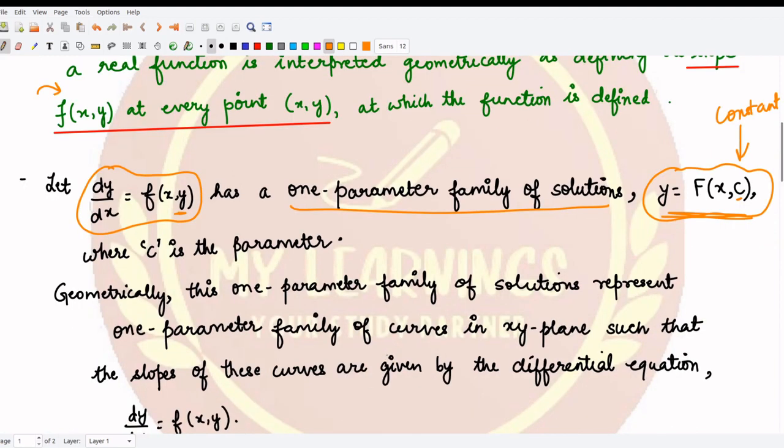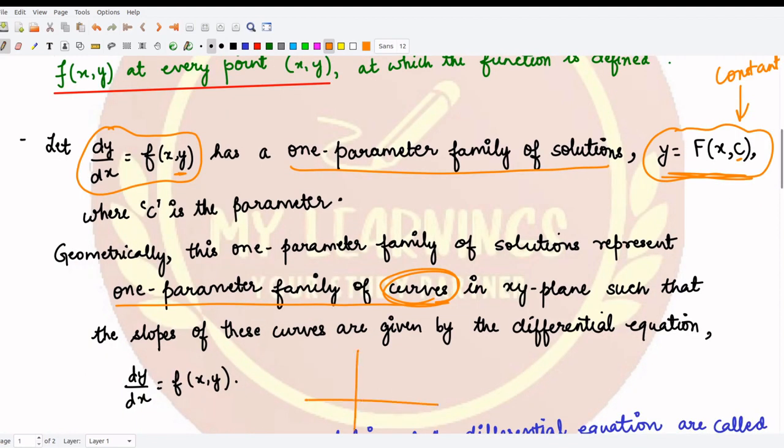This one parameter family of solutions represents a one parameter family of curves in the xy plane. Basically, in the xy plane, as many solutions as you have, that many curves you will draw, correct? All of these curves give you the solution to your differential equation, and your differential equation tells you the slope of all these curves, correct? So this is the significance.